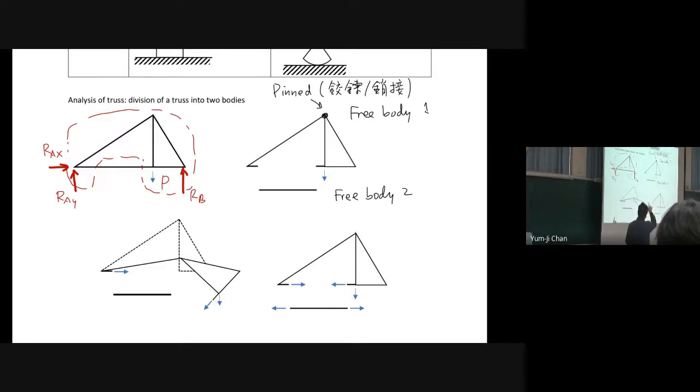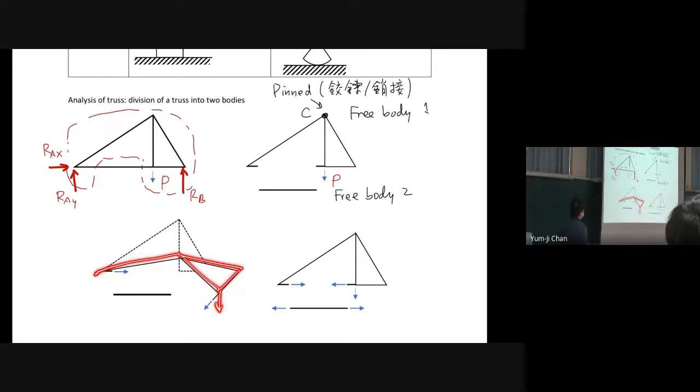This is point C, and this point C is where P acts. If we have a force P going downwards, because this one is a pin, then it will become this shape if we do nothing. The force will make this free body go down like this.